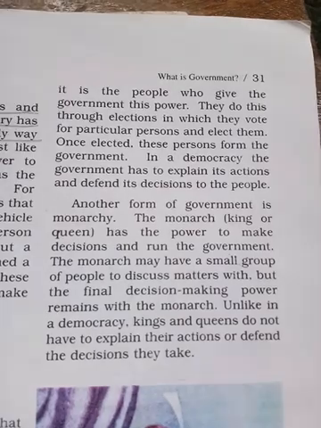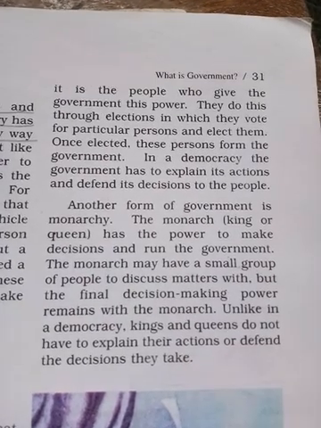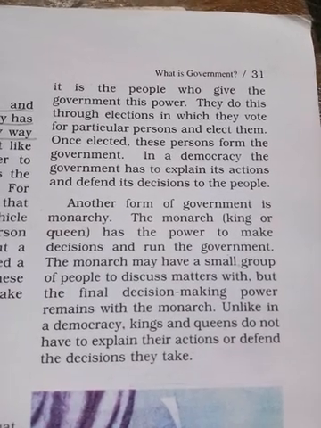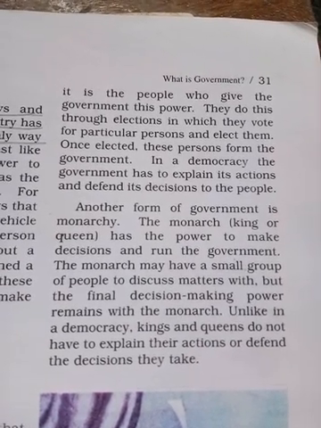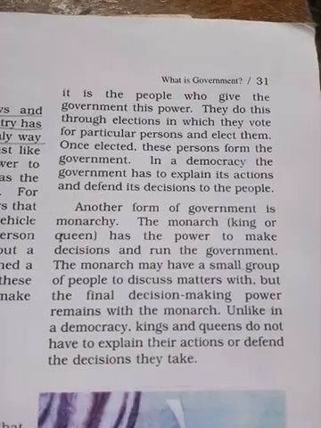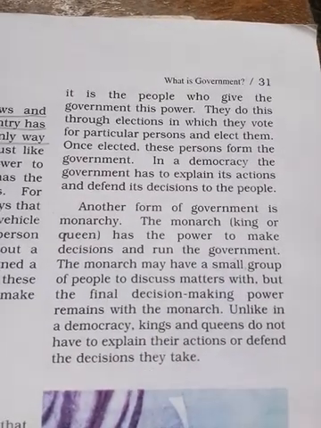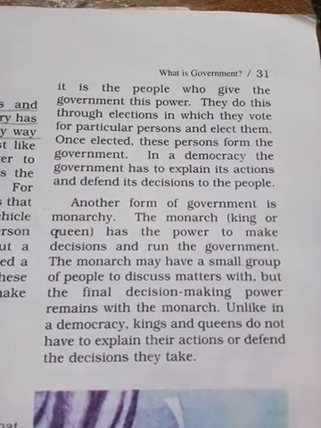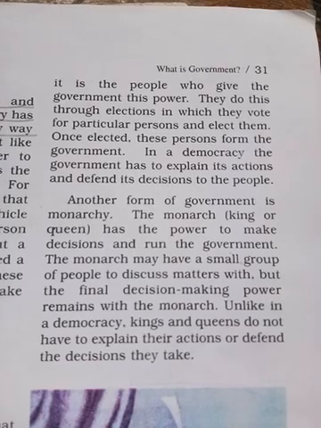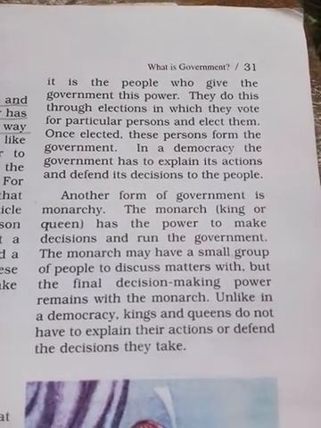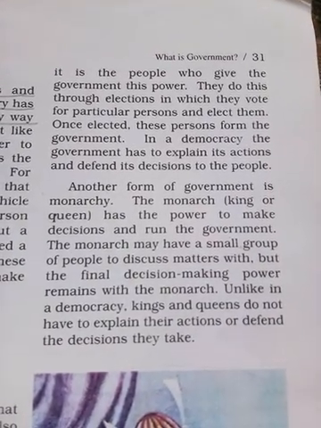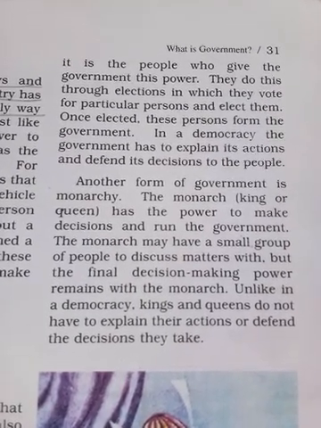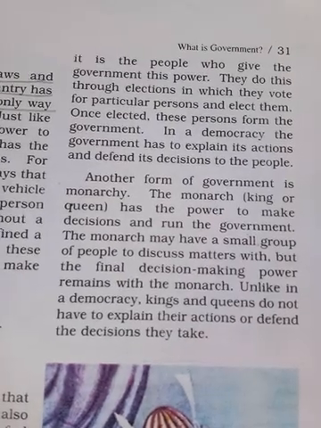That means in a democratic country, the people or the citizens give power to the government through elections. They send their representatives in the form of MLA, minister, chief minister or prime minister.